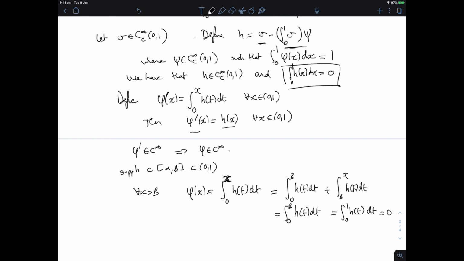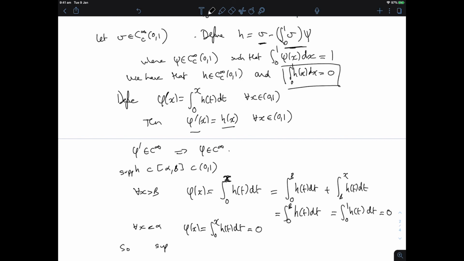And if x was to be below alpha, well, then the same is true, because phi of x is the integral from 0 to x of h of t, but because x is below alpha and the support of h is above alpha, then I'm integrating 0.